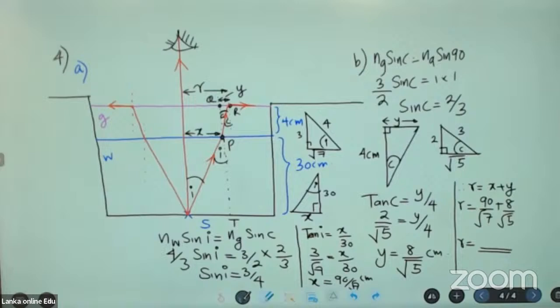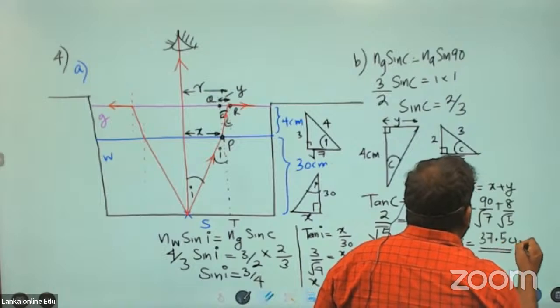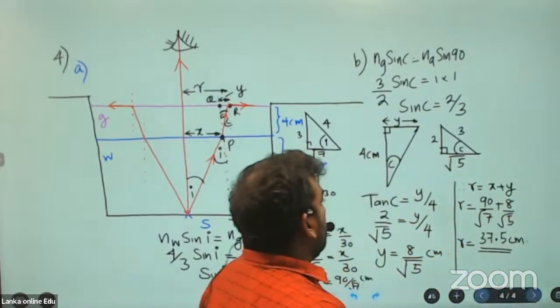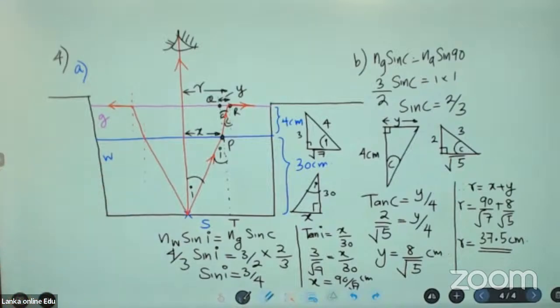33.96. So 37.5. 37.5 centimeters. So there you go, the radius. 37.5 radius.